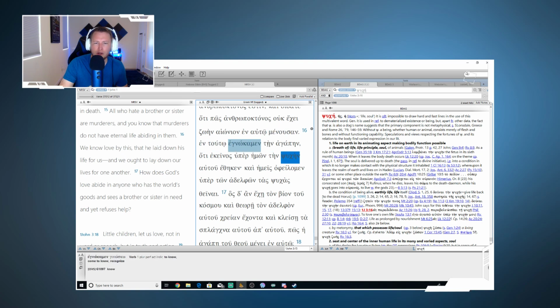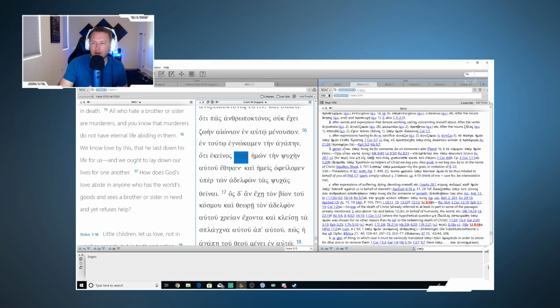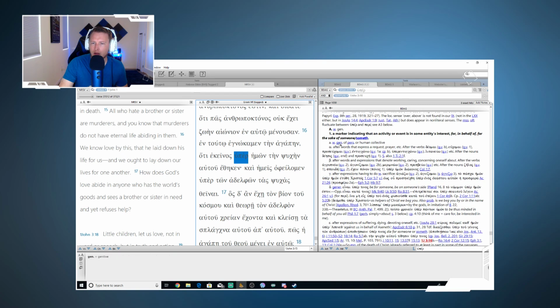By this we have known love, that he laid down his life for us. After expressions of suffering, dying, devoting oneself, a marker indicating that an activity or event is in some entity's interest, for, in behalf of, for the sake of.